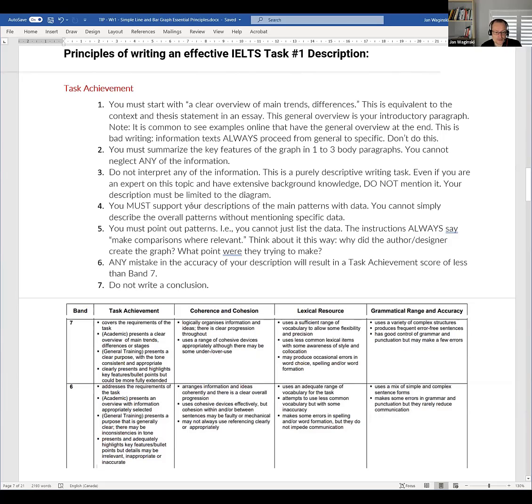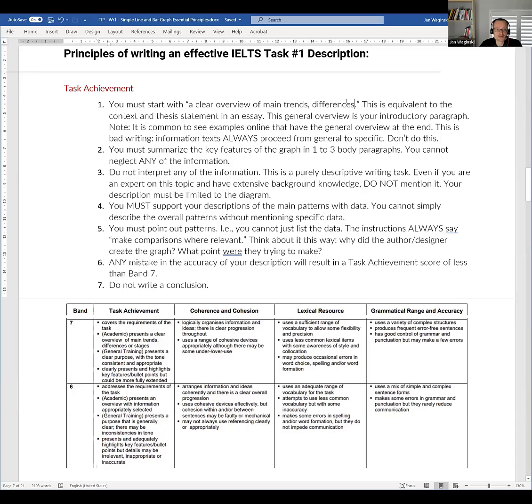See here, where it says under task achievement band 7, the second point: presents a clear overview of main trends, differences, or stages. So you have to start with a clear overview of main differences, main trends.